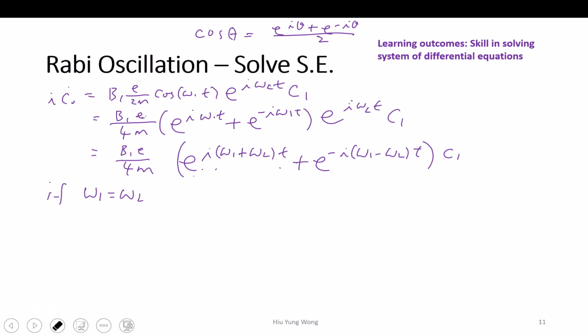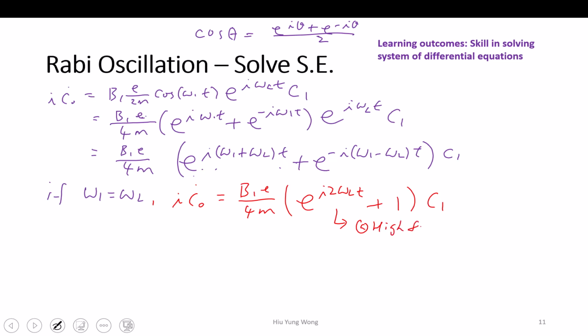Not gone. Maybe let me just write it again. Then I have iC0 dot equals B1E divided by 4m, e to the power i2omega_L t plus 1, C1, right? Because omega1 equals omega_L. Now, this is oscillating at high frequency. So it changes very fast.